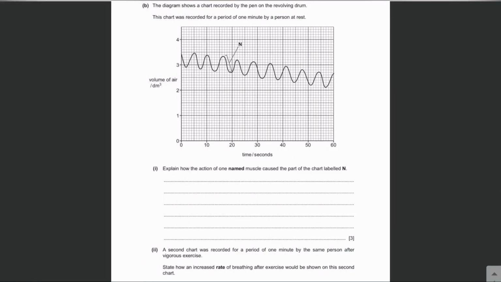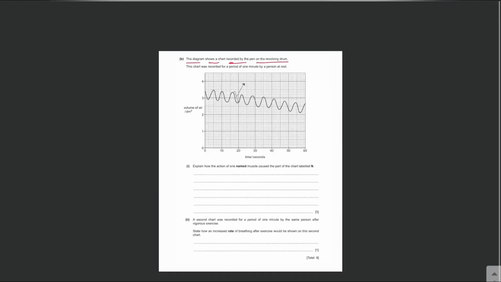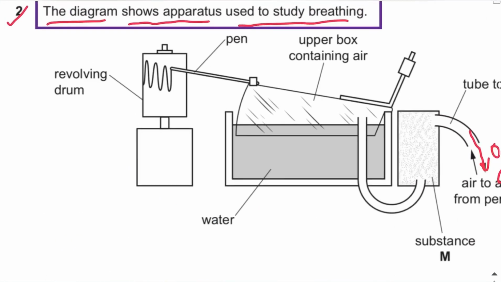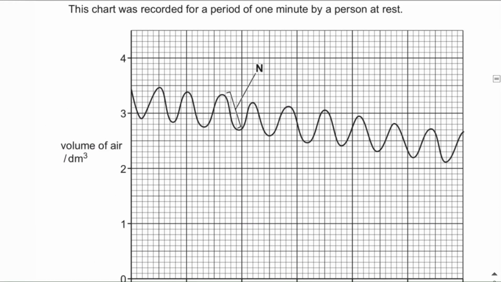Okay. Part B. The diagram shows a chart recorded by the pen on the revolving drum. So guys, this is the chart which is recorded from the pen on the revolving drum, as I discussed earlier. So we all know that if the pen is falling down, or we can say if the graph is falling down, it means that the person is breathing in. So this is breathing out, this is breathing in, right?